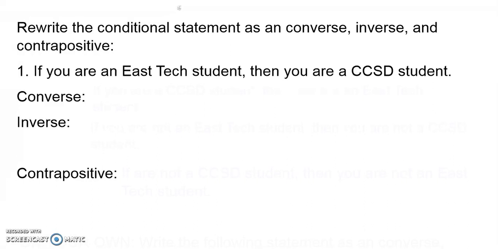Alright, so we're going to rewrite this conditional statement as a converse, inverse, and contrapositive. So the statement is, if you are an East Tech student, then you are a CCSD student.